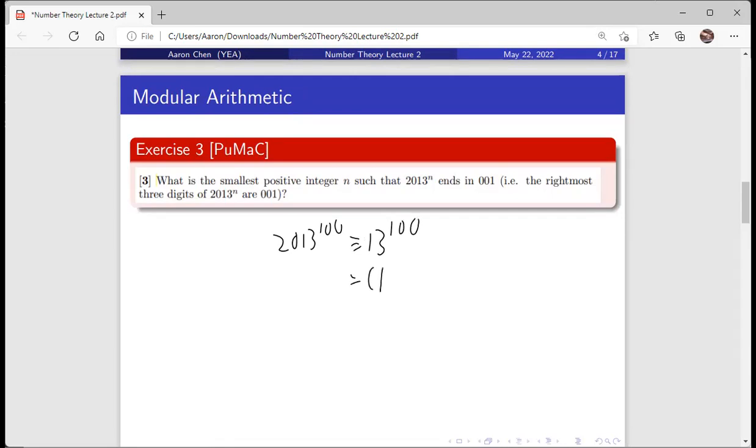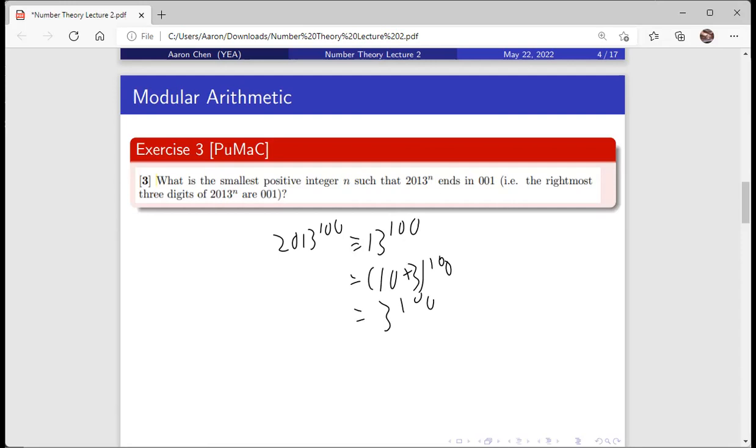And this is 10 plus 3 to the 100th. And so that's just basically 3 to the 100th. And that's because everything else will have at least a factor of 1,000.